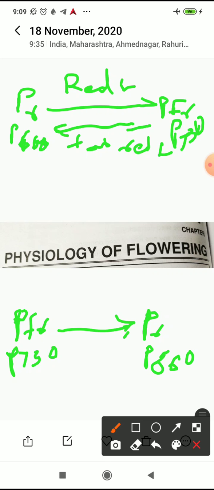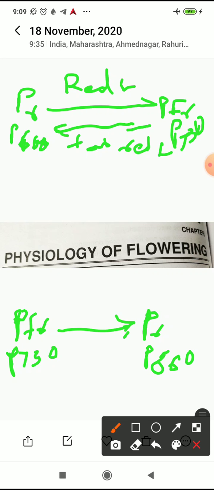Now under short day photoperiods, another form of phytochrome, that is P660 nanometer, is retained for a longer time, which stimulates flowering in short day plants and at the same time inhibits flowering in long day plants.